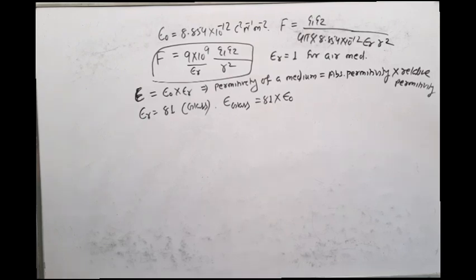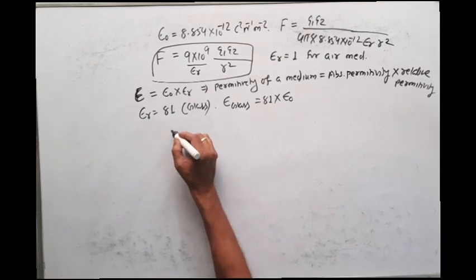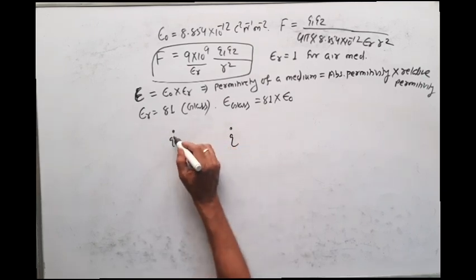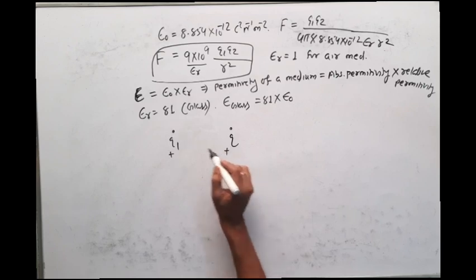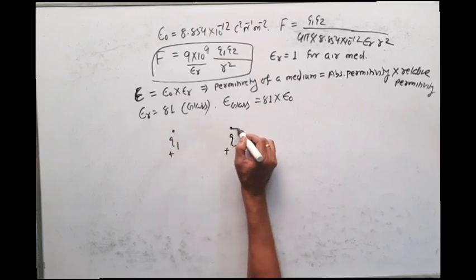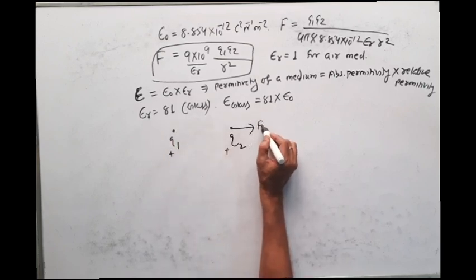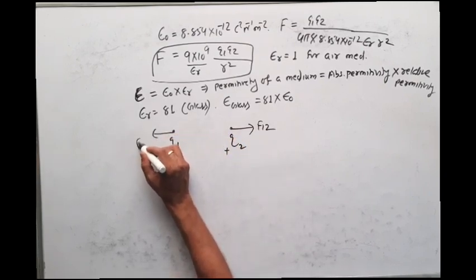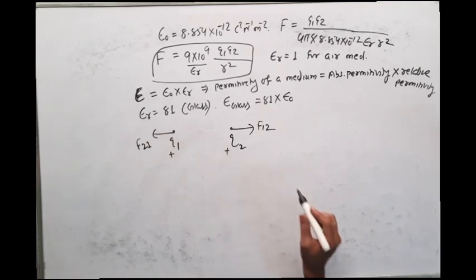Now you see the force. Suppose this is Q1, this is Q2. Let us say both are similar charges, positive. So Q1 will repel Q2 by a force F12, and Q2 will repel Q1 by a force F21.